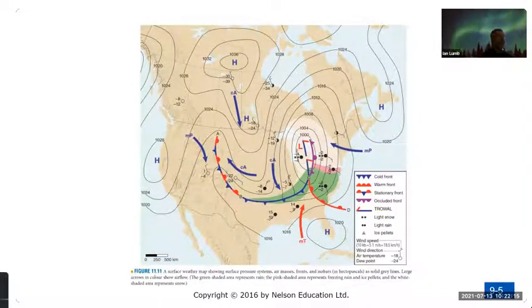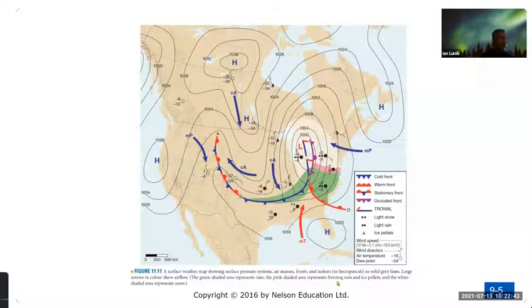So cyclone, I think we've already introduced it here. That's a generic term for a low pressure system. So here, what you're looking at on this graph are contours of constant pressure. Each of these black lines here is an isobar, and any point on that isobar is at the same value, in this case, the 1,028 hectopascal contour interval here.